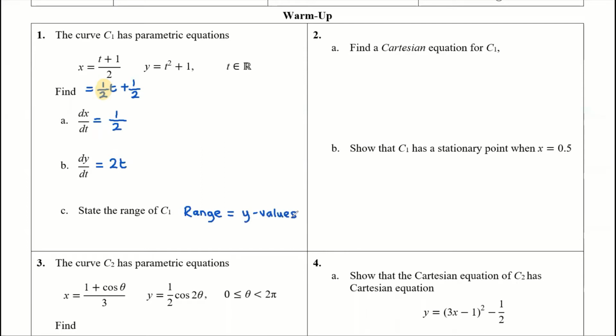Well, if you look at the range of t, which is our parameter, we can see here we're allowed to substitute in all real numbers. So when I'm thinking about the range of C1, I'm thinking about this part only. I don't have to bother with the x parametric equation because that's the domain. So we just have to focus on the y values. So what y values am I going to get out of this when I can substitute in all real numbers?